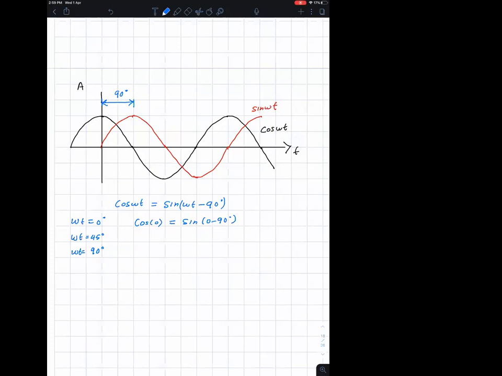Is cos omega t equal to sine omega t minus 90 degrees? They're not the same, right? Sine 0, sine 90 degrees. So should it be plus or minus?